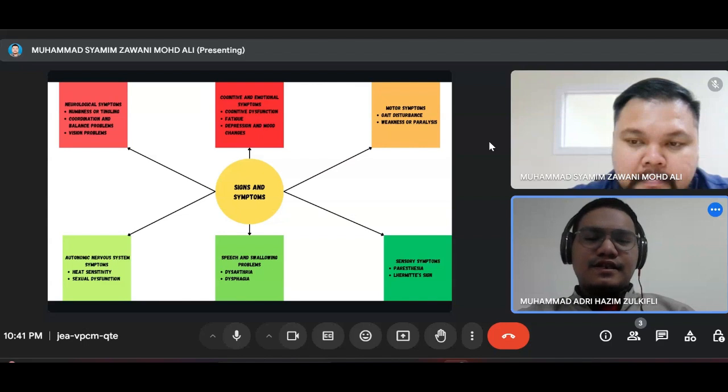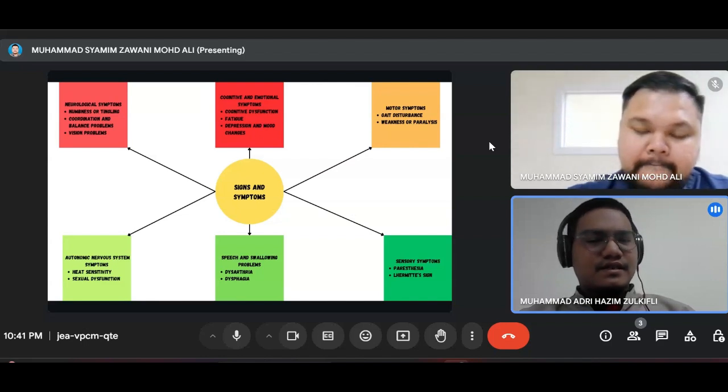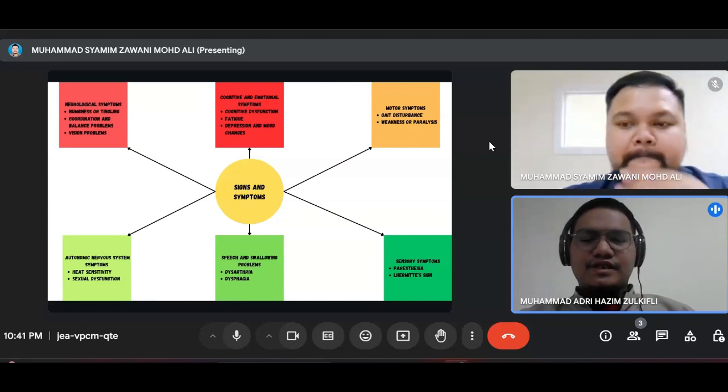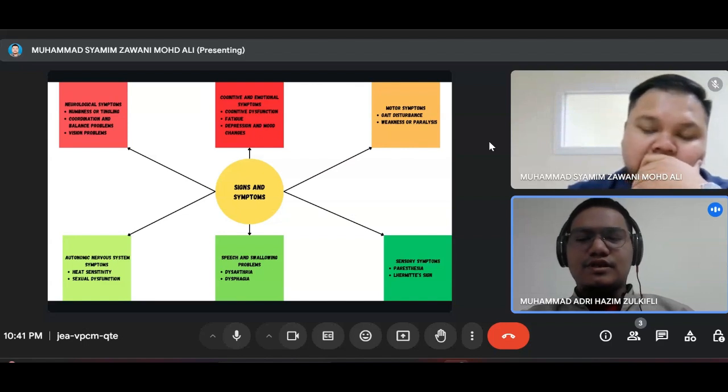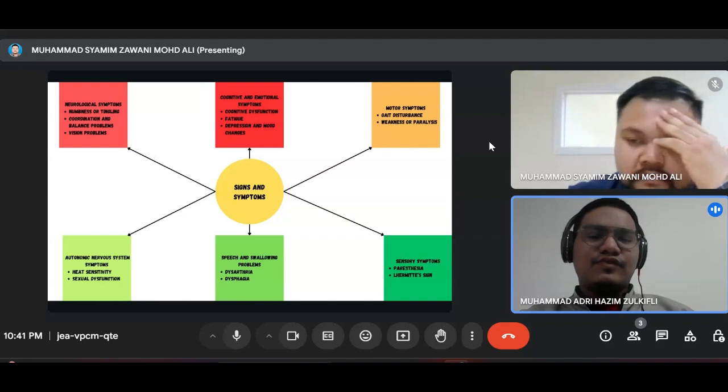Second last, the speech and swallowing problems, which are dysarthria, which is difficulty in articulating words due to weakness or poor coordination of the muscles involved in speech.